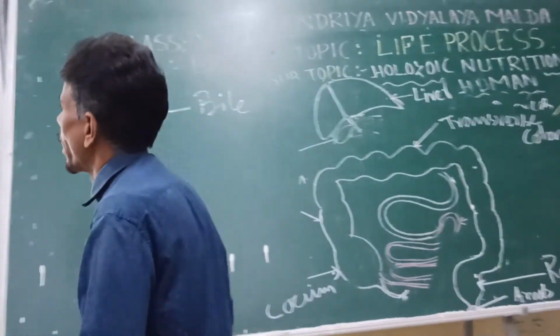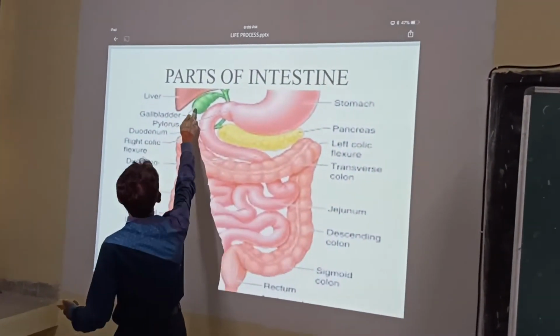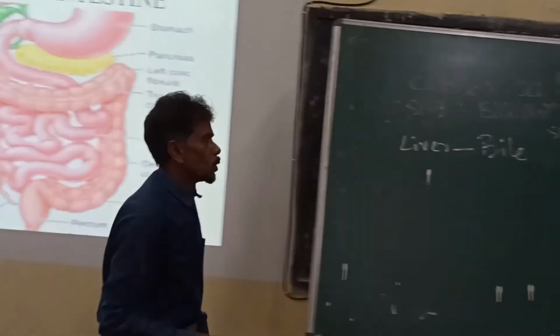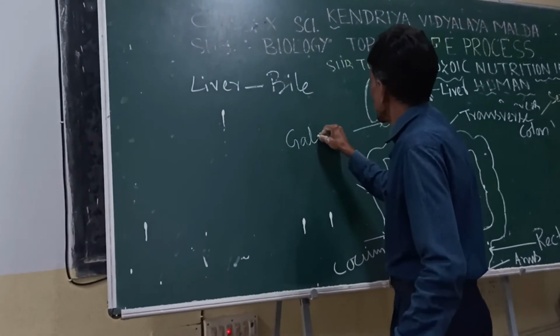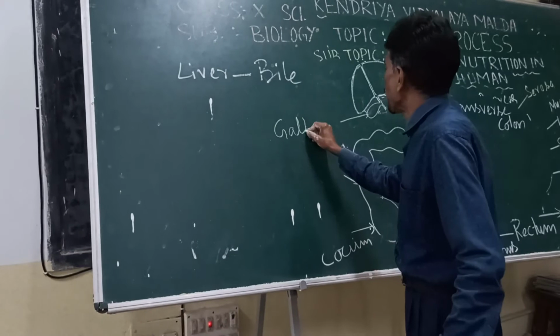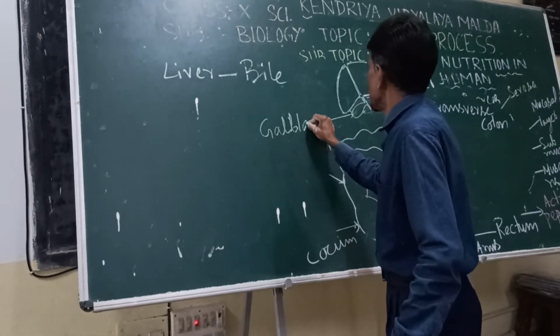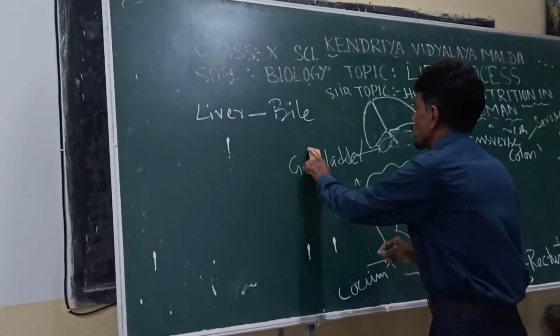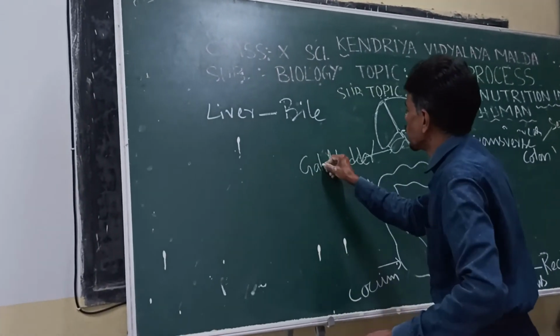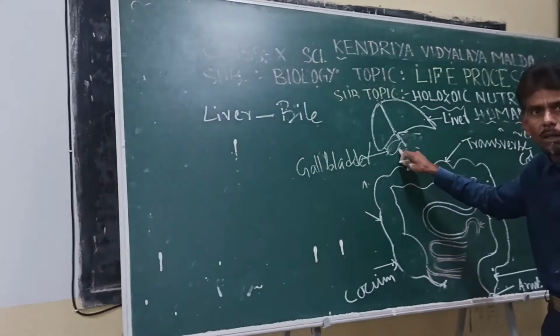You can see the gallbladder here in the diagram. This is the gallbladder.